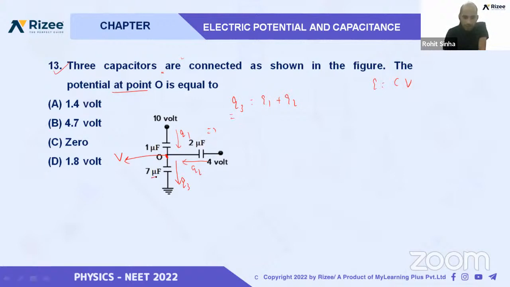Here the capacitance is 7C and the potential is V, and here it is 0, so the potential difference is V minus 0.